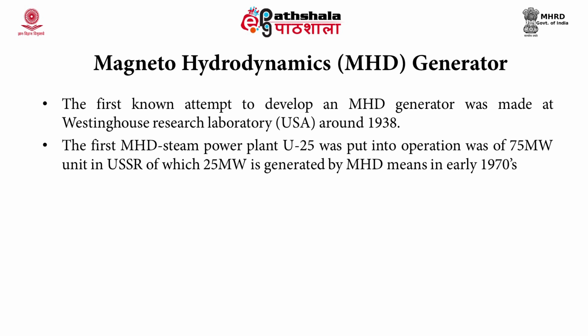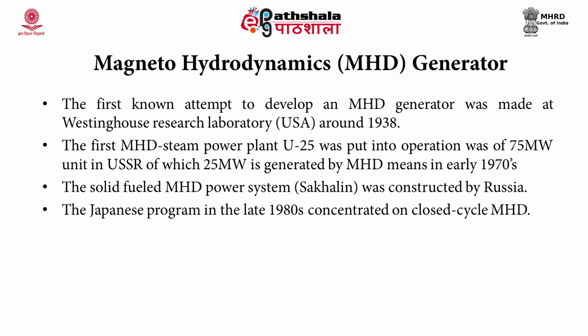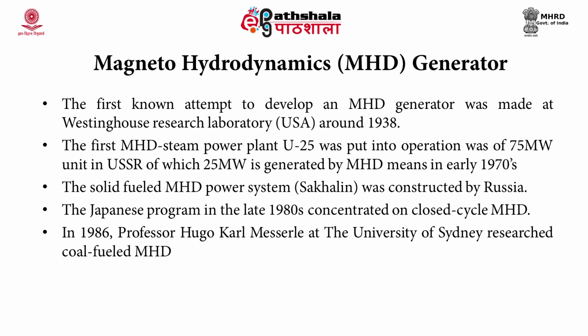In the early 1970s, the solid fueled MHD power system Sakhalin was constructed by Russia. The Japanese program in the late 1980s concentrated on closed cycle MHD. In 1986, Professor Hugo Carl Messerle at the University of Sydney researched coal fueled MHD.